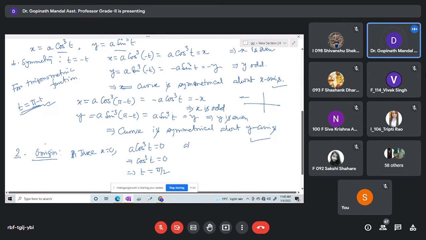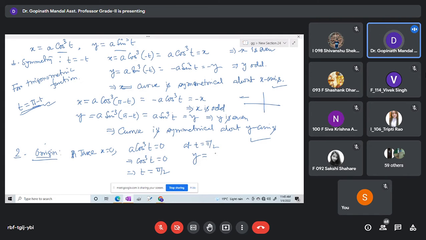At t equal to pi by 2, what is the value of y? If y equal to 0, that means the curve passes through the origin 0, 0. If y not equal to 0, that means the curve does not pass through the origin.